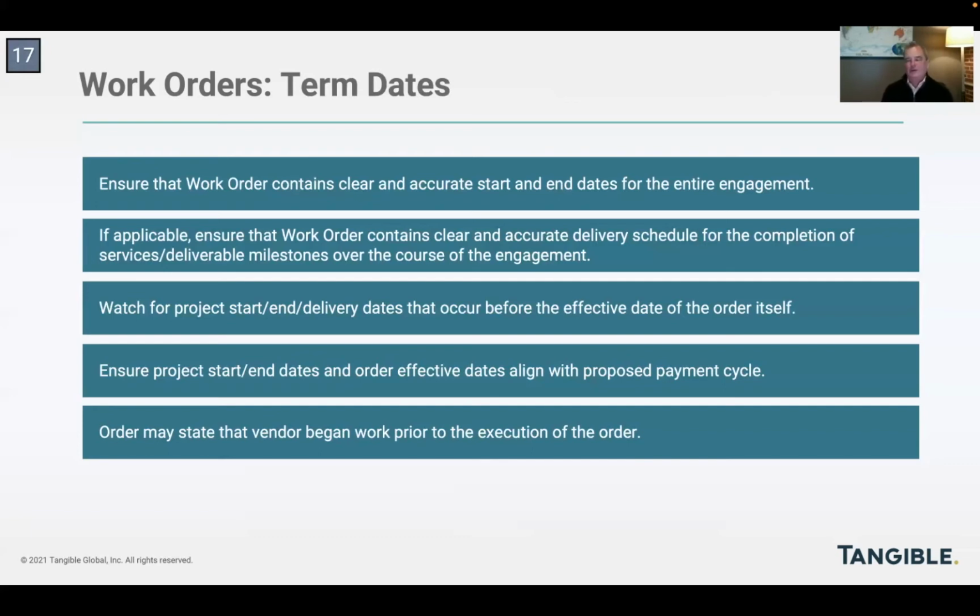It's really important to encourage the client to get those dates down crisply with the provider so that those expectations are clear from the outset. If you get 6 months into the order and the client believes that the vendor has under-delivered, or the vendor believes that they have over-delivered, and the order doesn't clearly settle that issue, there's an opportunity for a fuss between vendor and client that's just unnecessary if we get that right.